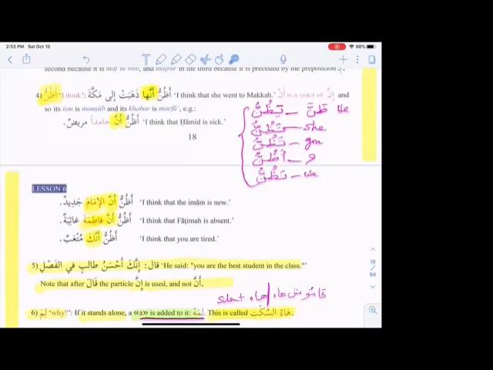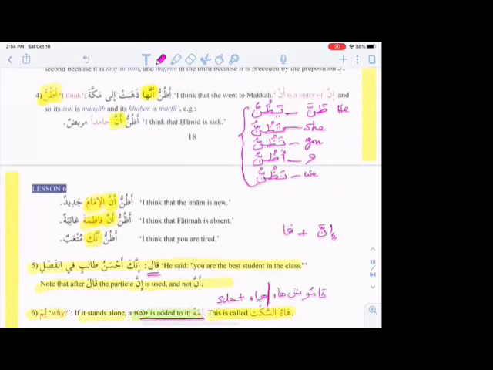So the point to understand is that inna will always come after the verb qala, or it will come in the beginning of the sentence.